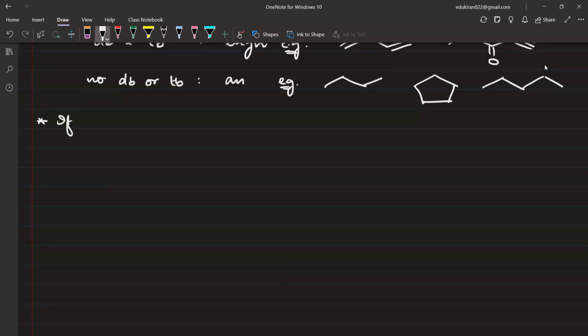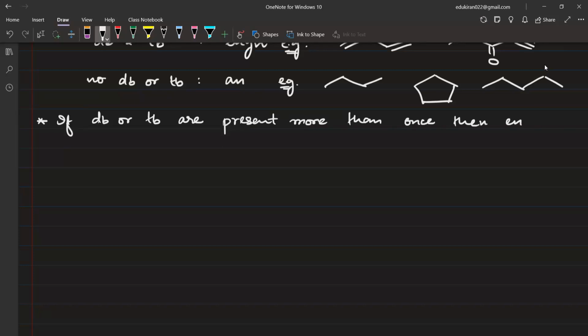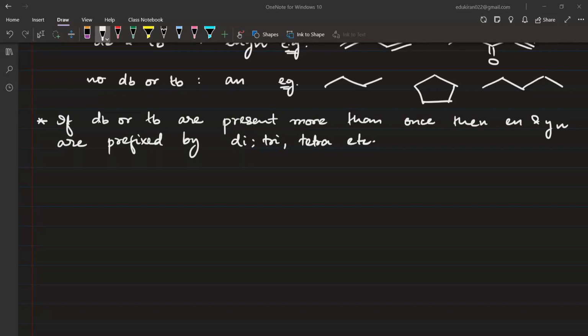If double bond or triple bond are present more than once, then En and Yn are prefixed by di, tri, tetra, etc. Is that clear? Yes or no? Please tell me, guys, all of you.